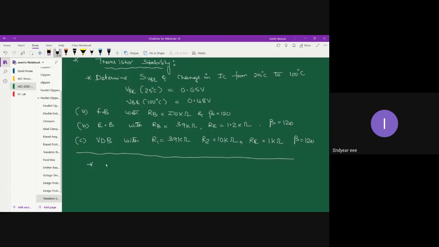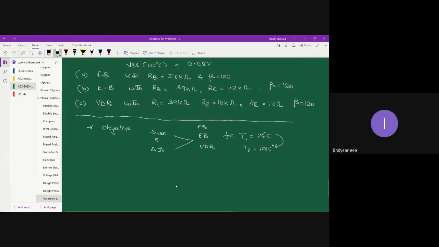Let's write down the objective. The objective is to find SVBE and delta IC for the three circuits: emitter bias, fixed bias, and voltage divider bias, for T1 equal to 25 degrees and T2 equal to 100 degrees Celsius. So when the temperature changes from 25 to 100 degrees Celsius, what happens to the SVBE and delta IC values? All right.